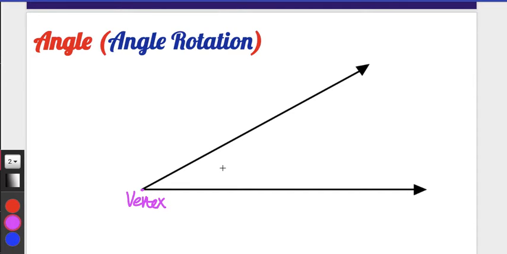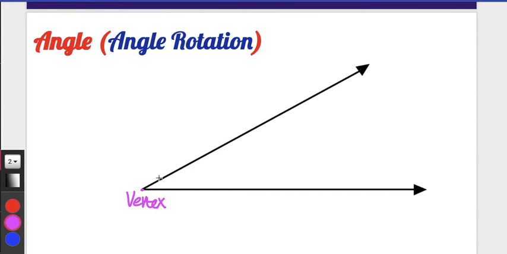The other is, based on how big the angle is, we are going to fix the position of one of the rays, and keep moving, like rotating or spinning, the other ray to define how big or small the angle is.